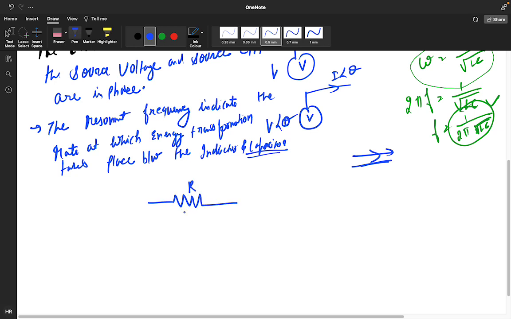So suppose you have a particular RLC network: R network with positive, negative, VR voltage, and L network with positive, negative, VL, and a capacitor, which will have a voltage positive, negative, VC.